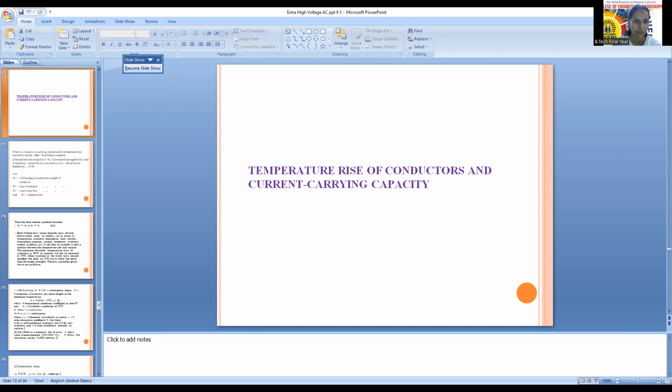We assign Wi to the internal heat developed by I square R. This is the I square R heating in watts per meter length of conductor.